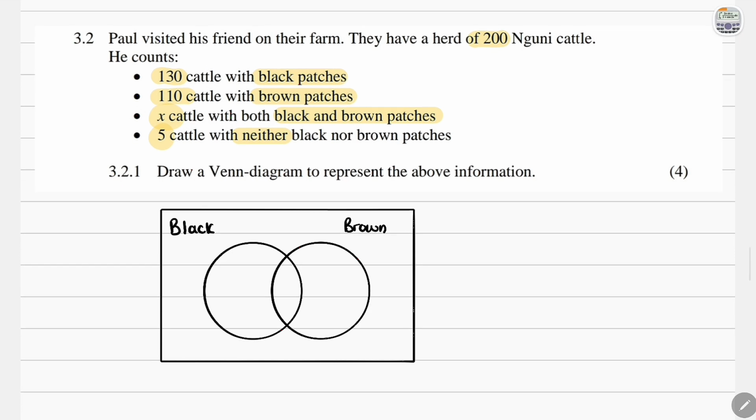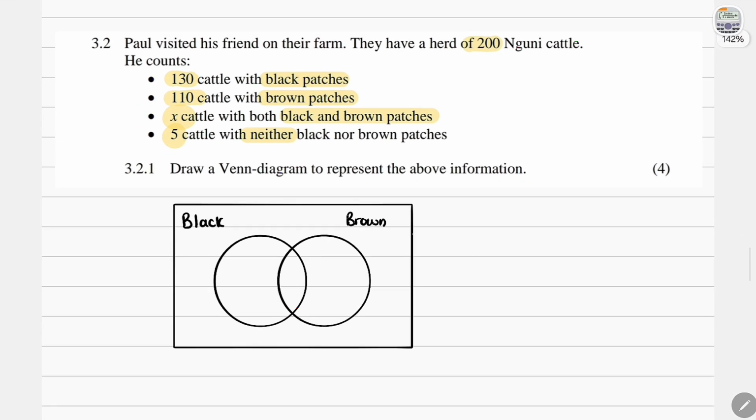With Venn diagrams, you should always start from the intersection, and this is the reason why. If you don't start from the intersection, it makes it really complicated. When they say 130 have black patches, they actually mean 130 in total have black patches, regardless of whether they have brown patches.